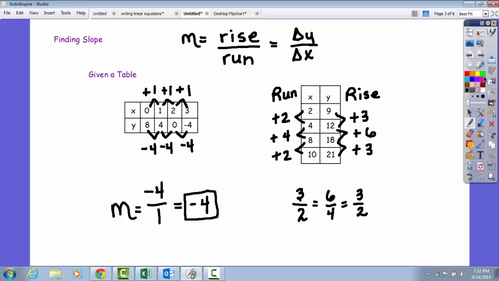And if I did simplify by dividing 6 and 4 by 2, I could simplify this to 3 over 2 as well. So my slope for this second table in simplified form is 3 over 2. Make sure that when you're looking for slope that you simplify the fraction into lowest terms.